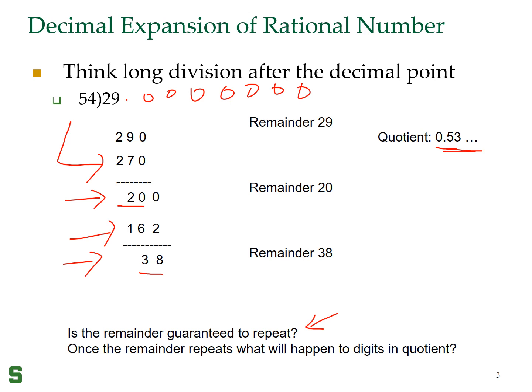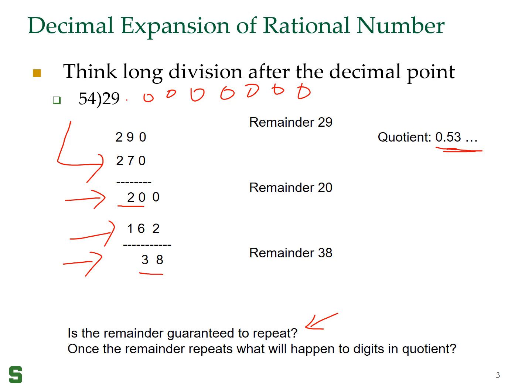So the reason the remainders are going to repeat is because remainders can only be between 0 and 53, or more generally from 0 to q minus 1 if we are dealing with arbitrary p and q. That means the remainder is bounded.